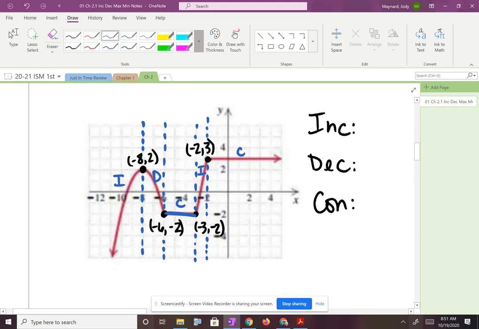So now that's what I always like to do first. I always like to graph it and then label them and then decide what we're doing. These will be intervals of x values. So if I talk about intervals here, this interval right here, x values only.